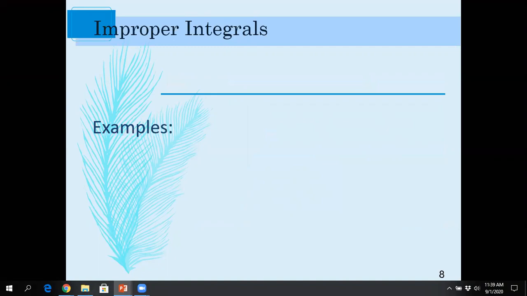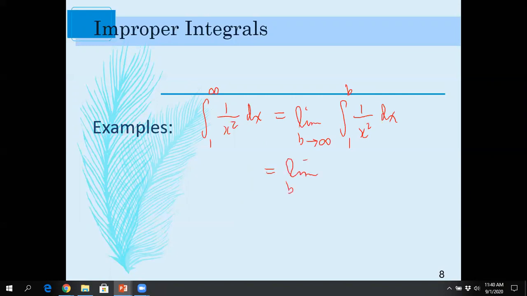What about the integral from 1 to infinity of 1 over x squared? We're obsessed with 1 over x squared right now. So what's the first step? It equals the limit as b goes to infinity of the integral from 1 to b of 1 over x squared dx.